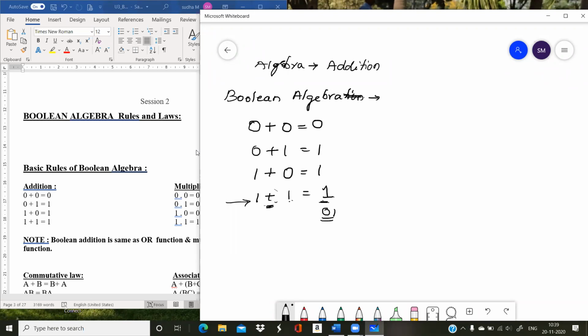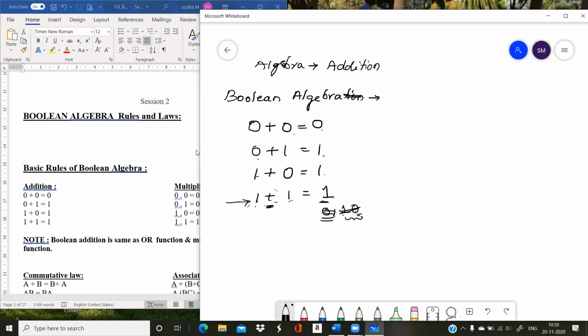Now just remember, as per the addition rule, 0 plus 0 is 0, 0 plus 1 is 1, 1 plus 0 is 1, and 1 plus 1 is 1 only, not 1, 0 as we have done for the addition, where 0 was the sum and 1 was the carry. Now forget this. So 1 plus 1 is equal to 1 only.